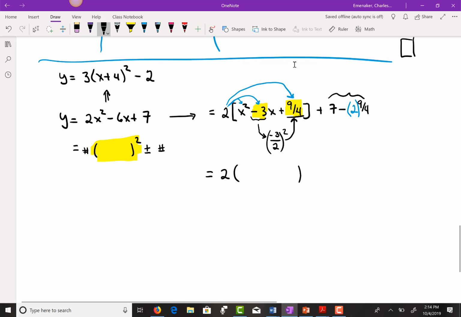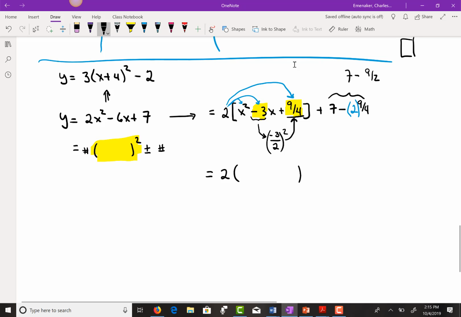What we have here is 7 minus 9/2. Does that make sense to everybody where 9/2 came from? 2 times 9 is what? 18. So it's really 18 over 4. Oh, 18 over 4 is what? 9 over 2.